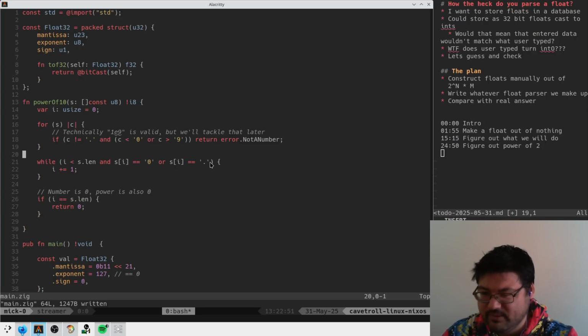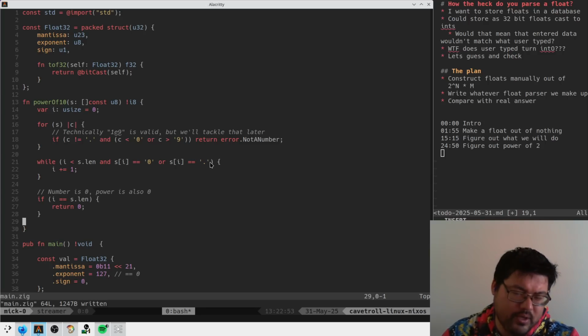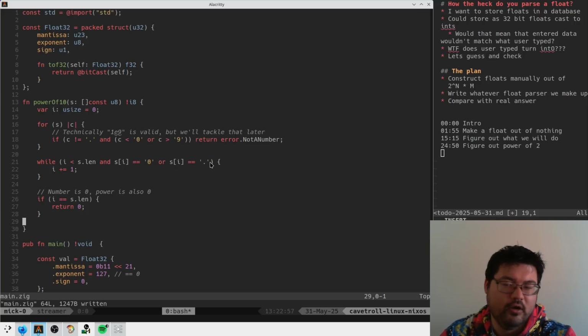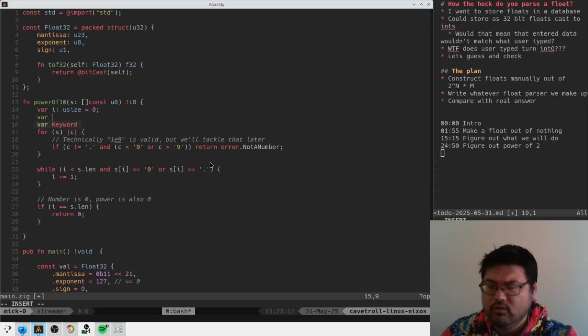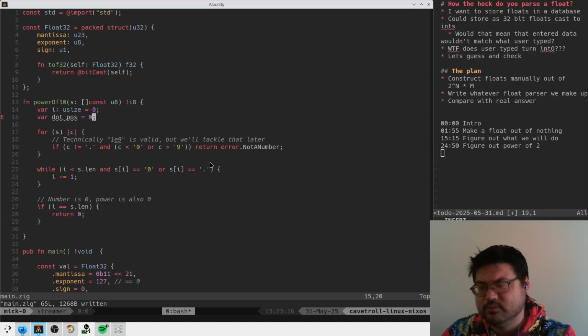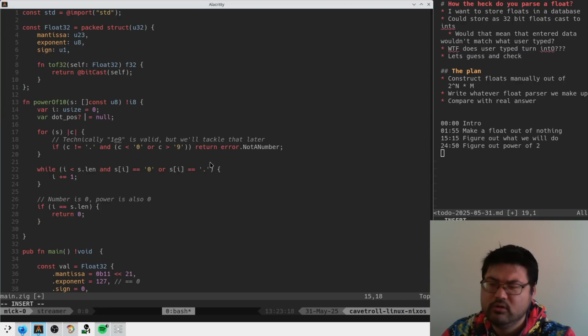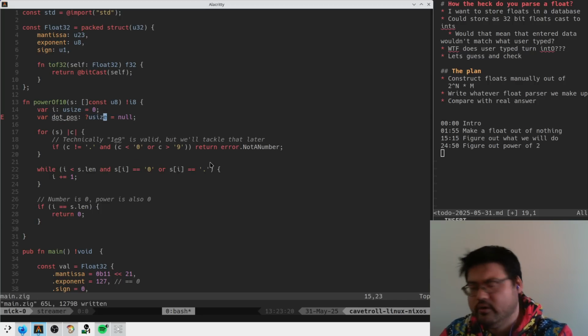So now we know this is a number, which means that now we can just start looking at the number. I guess really we're trying to track where the dot is and where the first digit is, right? So dot pause equals 0 here, or maybe is equal to null.